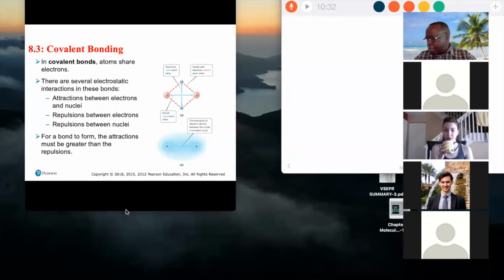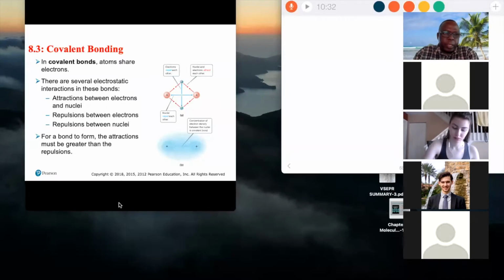Other than that, let's just dive into chapter 8, where we stopped last time. We went as far as 8.3, covalent bonding. This chapter and chapter 9, some texts have it as one chapter, covalent bonding. Basically the type of compounds we are looking at here are those made up of non-metals.